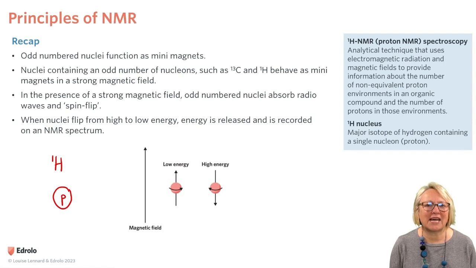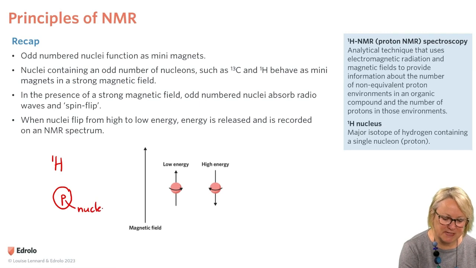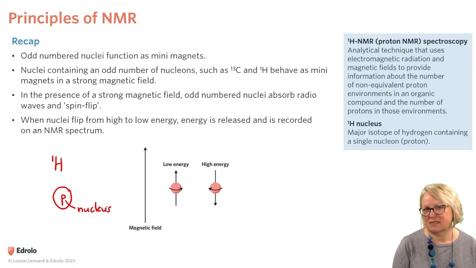Remember from our last lesson that the 13-carbon nucleus contained 13 nucleons, 6 protons and 7 neutrons. In this case, we're talking about proton NMR, and the major isotope of hydrogen has a single proton in the nucleus, which means it's got an odd-numbered nucleus.